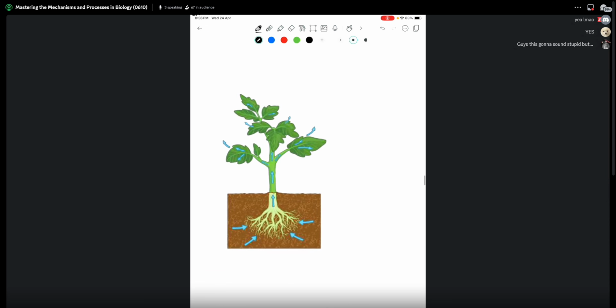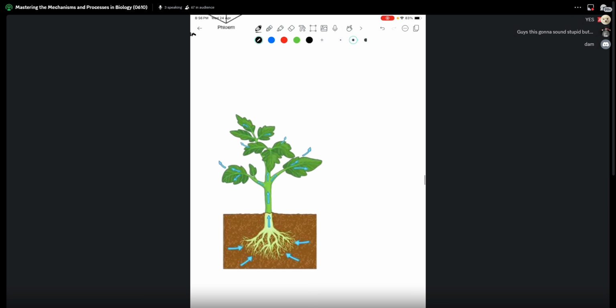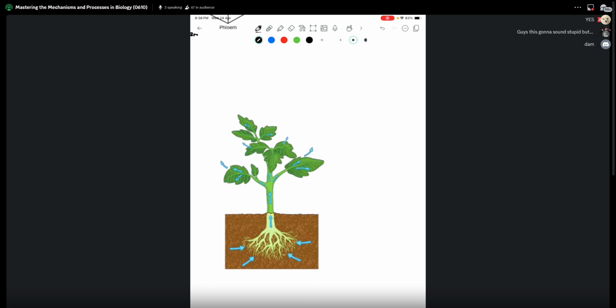So how does transpiration occur? We apply back our understanding of osmosis. When water is absorbed into the roots, it goes from a higher water potential to a lower water potential, so it enters the root hair cell. After it has entered the root hair cell, it meets with cohesion.